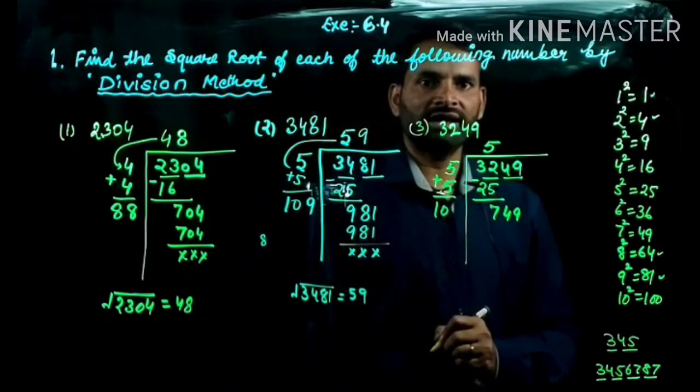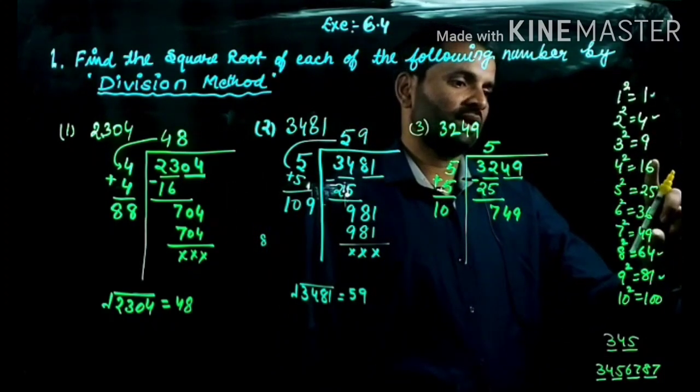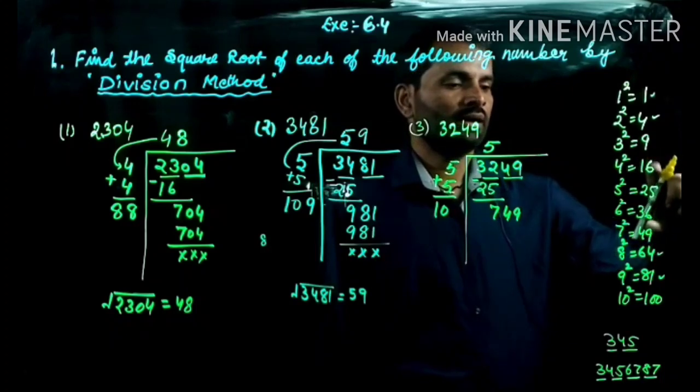The next step is to write down the pair. Here the pair is 49, and the 9 will come in two places, 3 and 7.